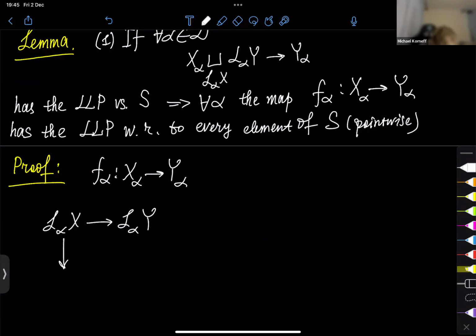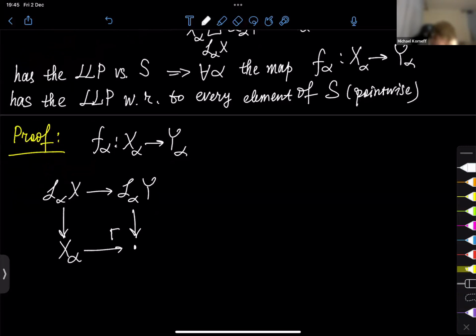from L alpha X to X alpha, and we can form the pushout, and by the universal property of the pushout, we have the following diagram.